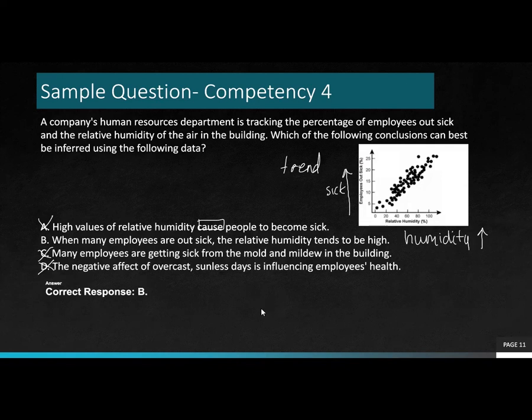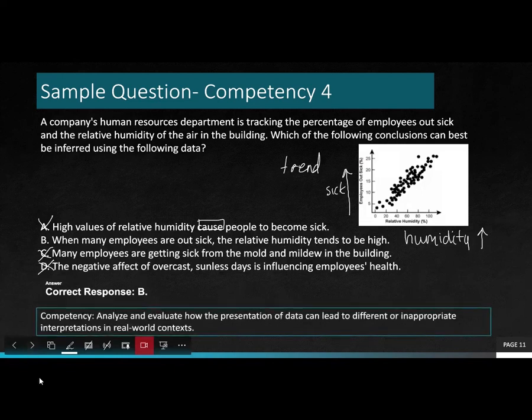So if you understand what the graph is giving you, you can see that when more employees are out sick, the humidity tends to be high, is all that we can infer from this particular graph. So this skill was analyzing and evaluating how the presentation of data can lead to different or inappropriate interpretations in real-world context.